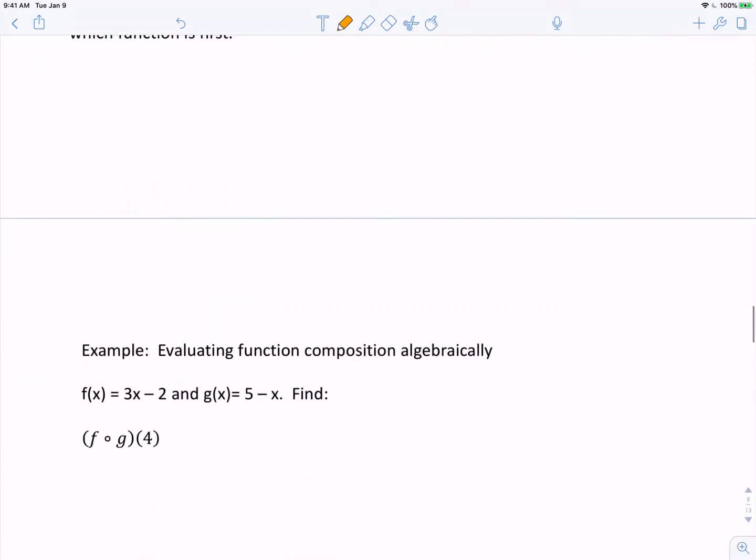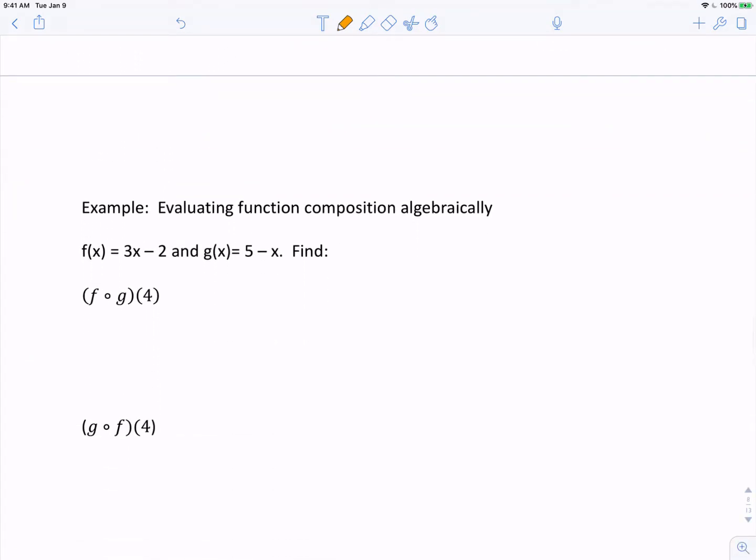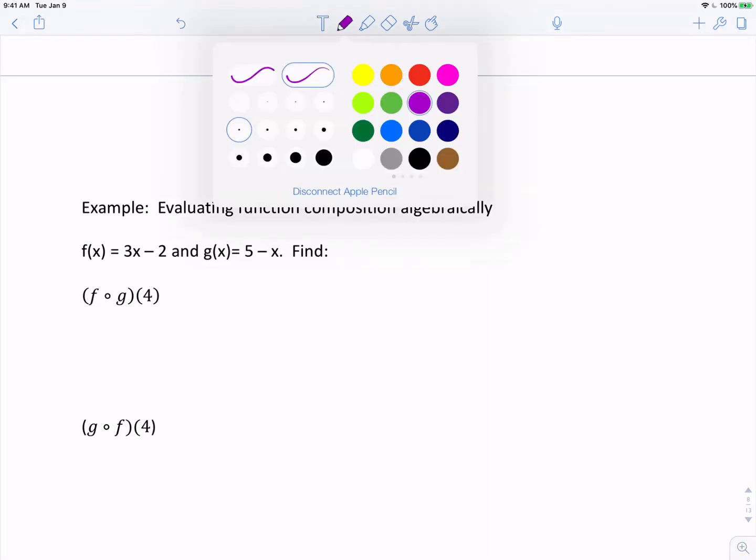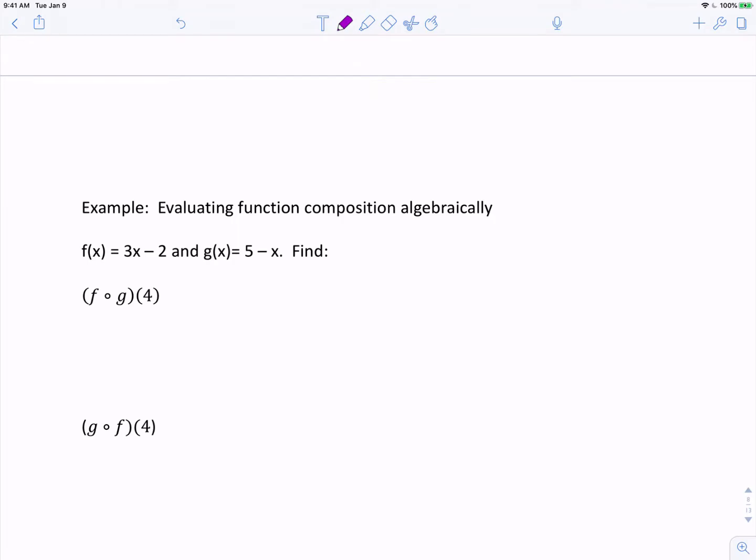So let's do some examples. Evaluating function composition algebraically. f of x is equal to 3x minus 2, and g of x is equal to 5 minus x. Let's find f dot g of 4. Now, this is written with a dot, and when it's written with a dot, the function that's closest to the input variable is the one that's done first.